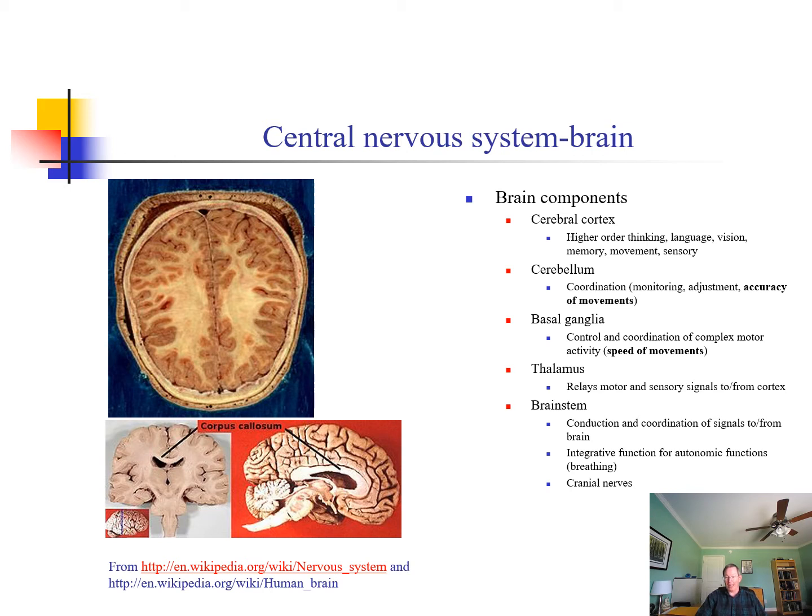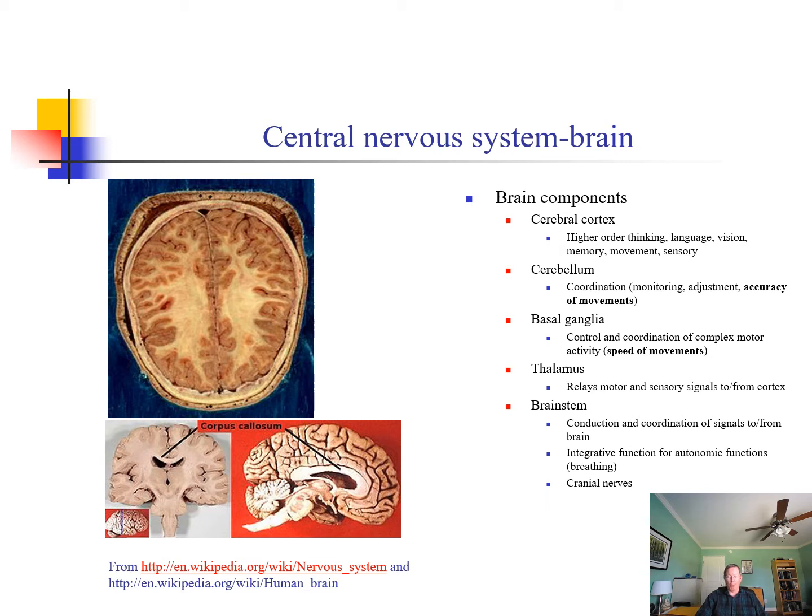Just behind, or posterior to, the basal ganglia, there is a section called the thalamus, which is kind of like a train station. It's a relay section for motor and sensory signals to and from the cortex. And then the brainstem, the very primitive portion of our brain, is involved in several things, such as the coordination and conduction of signals from our brain down the spinal cord, as well as some integrative functions that involve things such as breathing.